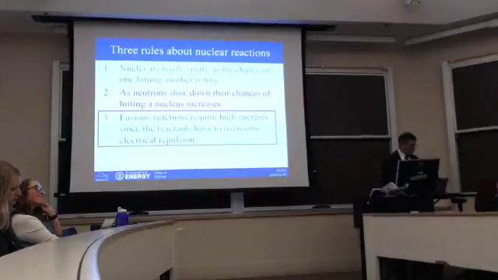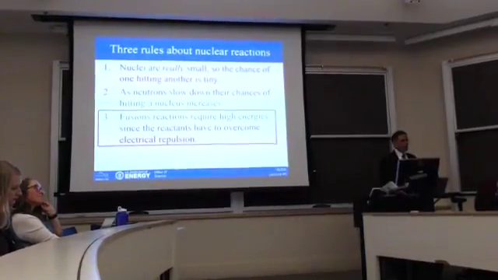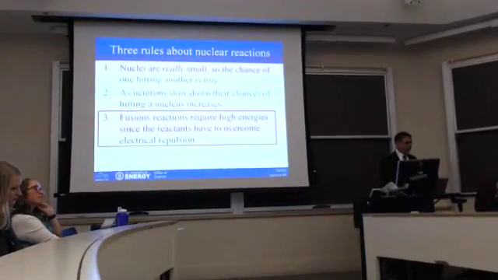All of a sudden, by December of 1942, Fermi had created a reactor, a graphite moderated reactor at the University of Chicago. By 1945, you had nuclear weapons.